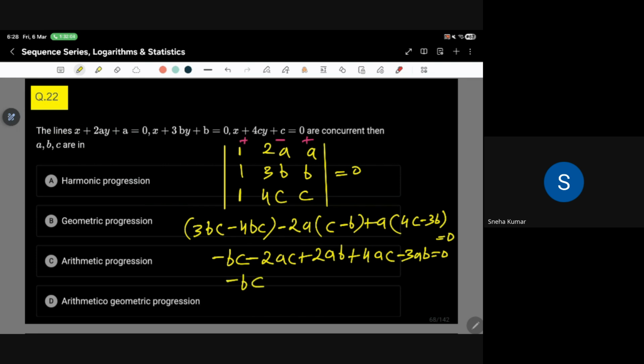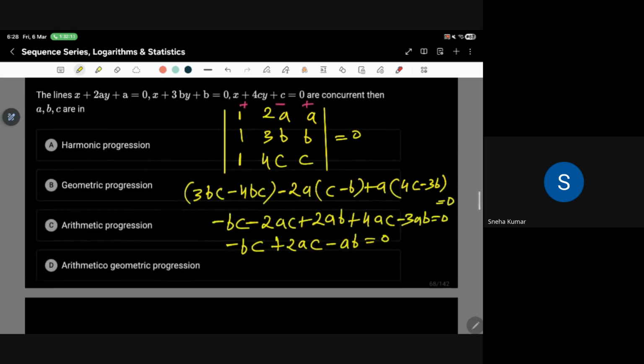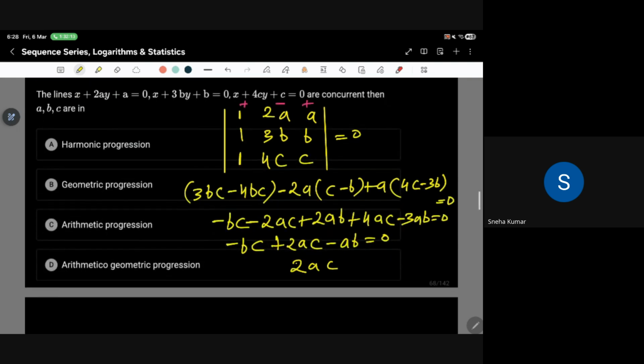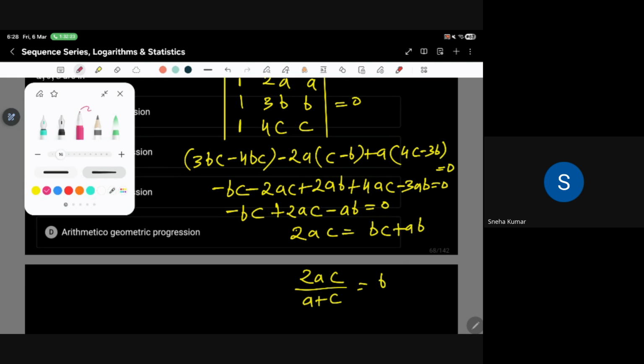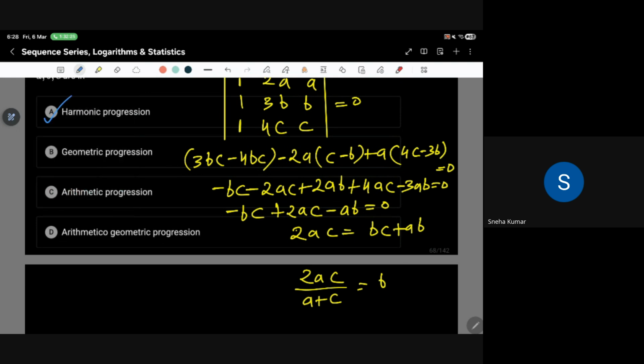So minus 2ac will become plus 2ac, 2ab, and this will become minus ab. So 2ac comes out to be bc plus ab, taking b common. So this comes in the HP. Yes, any doubt in this, anyone?